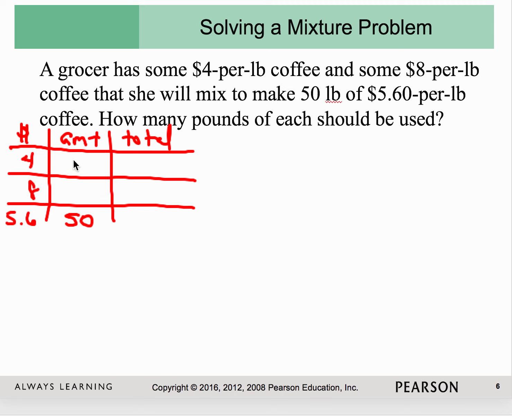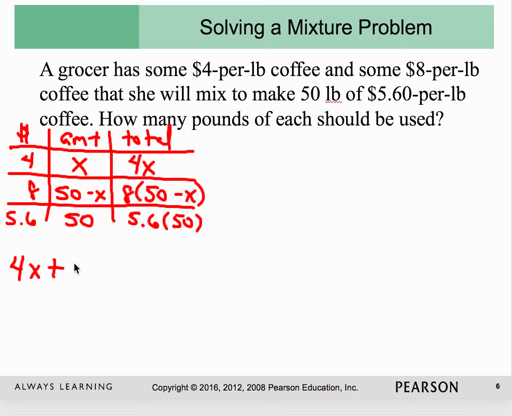If she wants 50 pounds, if that's X, what goes here? Yes, 50 minus X. And then to get our equation, we multiply. 4X, 8 times 50 minus X, and 5.6 times 50. This plus this equals this.